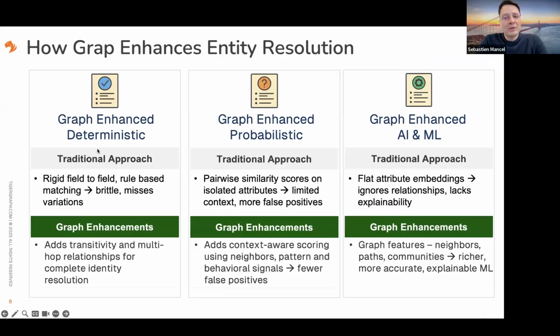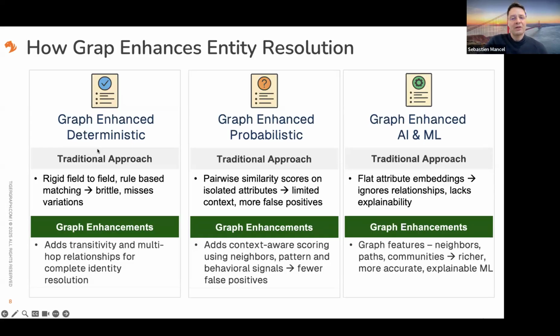Let's take a look at three main approaches: deterministic, probabilistic, and AI-driven. And we're going to see how graph technology enhances each of them. So, the graph-enhanced deterministic approach. Deterministic matching is rule-based. It's name to name, address to address. It's simple, it's precise, but it's brittle.